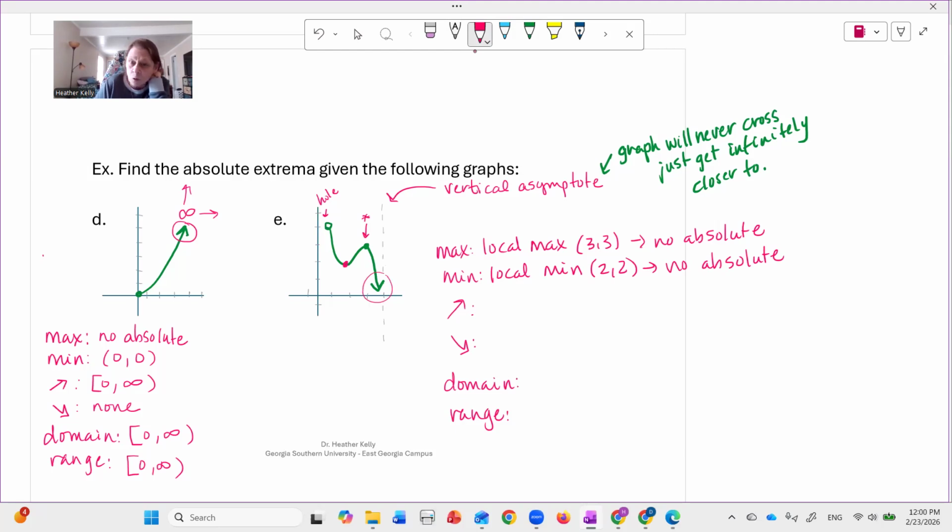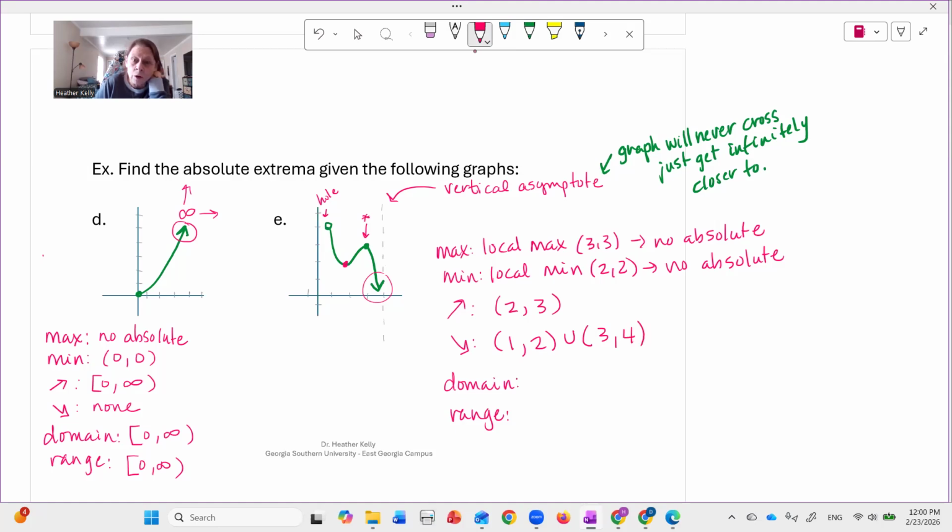It's talking about this whole graph, so no absolute. We are increasing from 2 to 3. We are decreasing from 1 to 2 and 3 to 4.